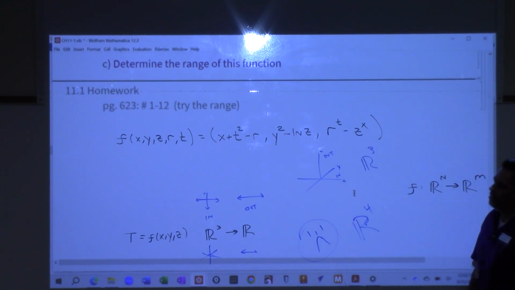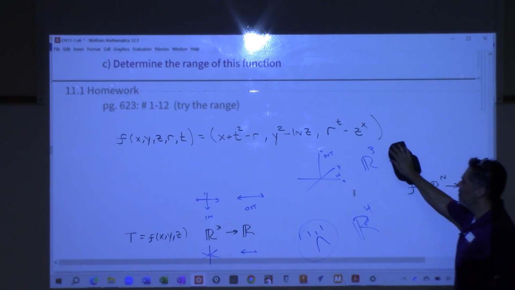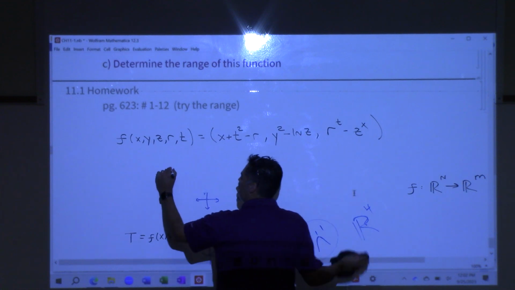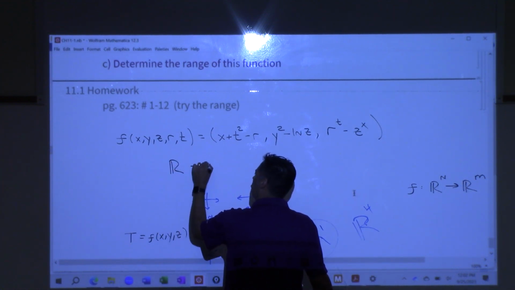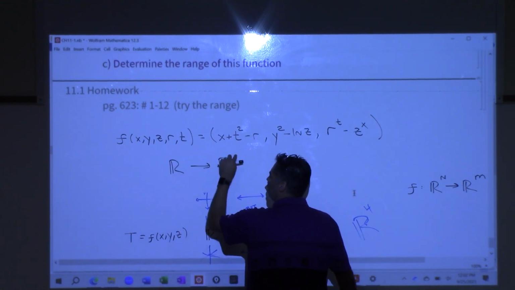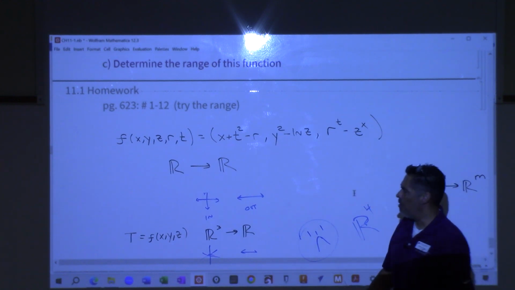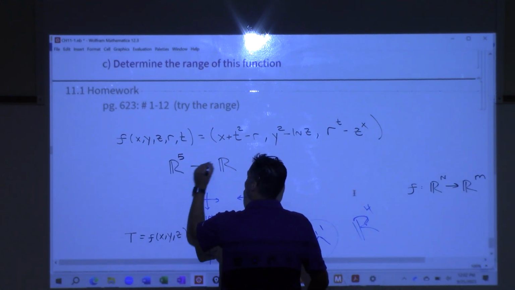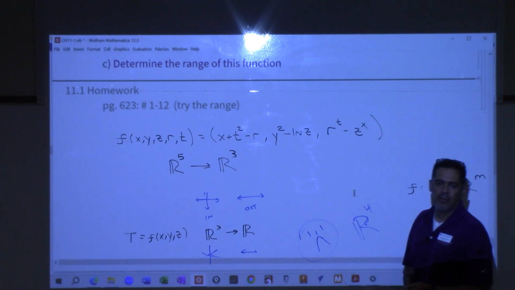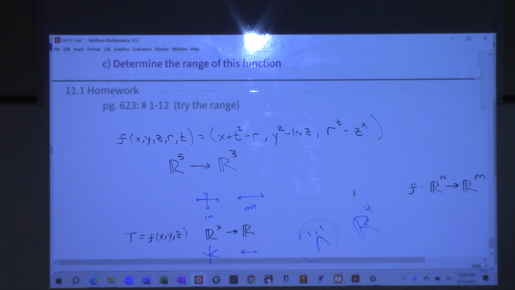Okay, there we go. I've just defined a function there. This function I defined goes from where to where? What dimension to what dimension? R5 to R3. I'm taking 5 inputs and giving you 3 outputs.